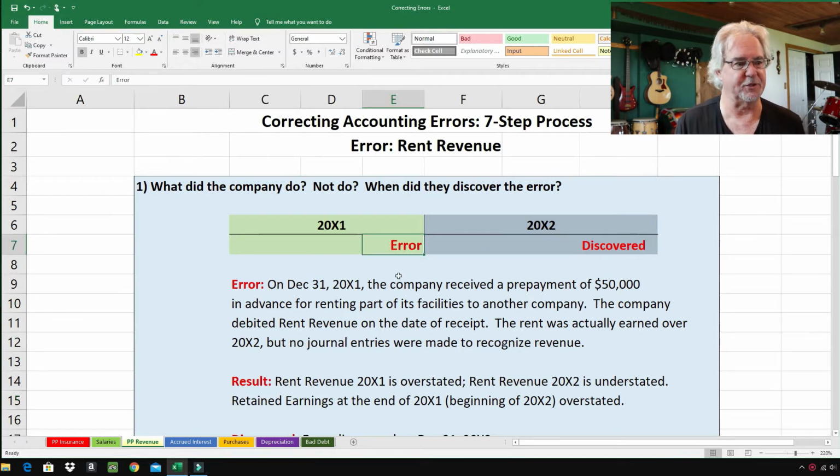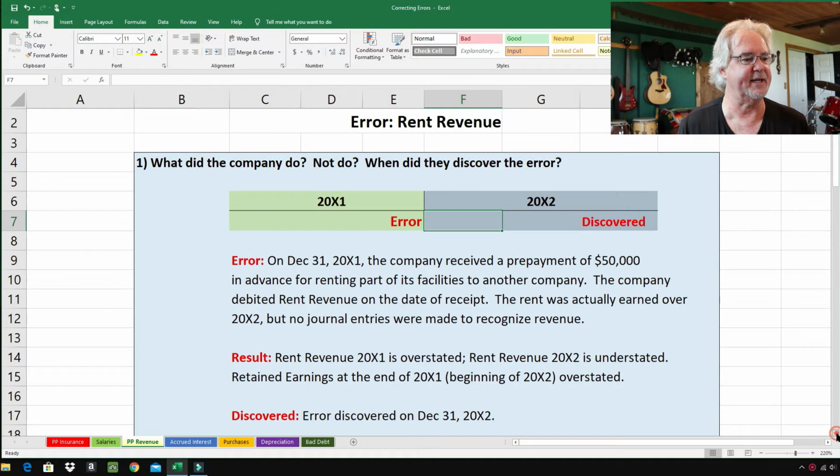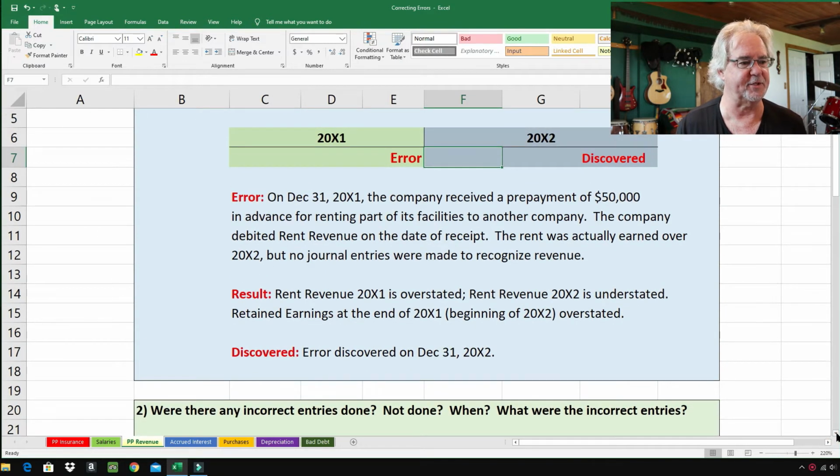Their profit was overstated, and that overstated profit was closed into retained earnings. Last thing is, when did you figure out this mistake? Because you want to fix mistakes as soon as possible. And they didn't discover the mistake until the end of 2002.